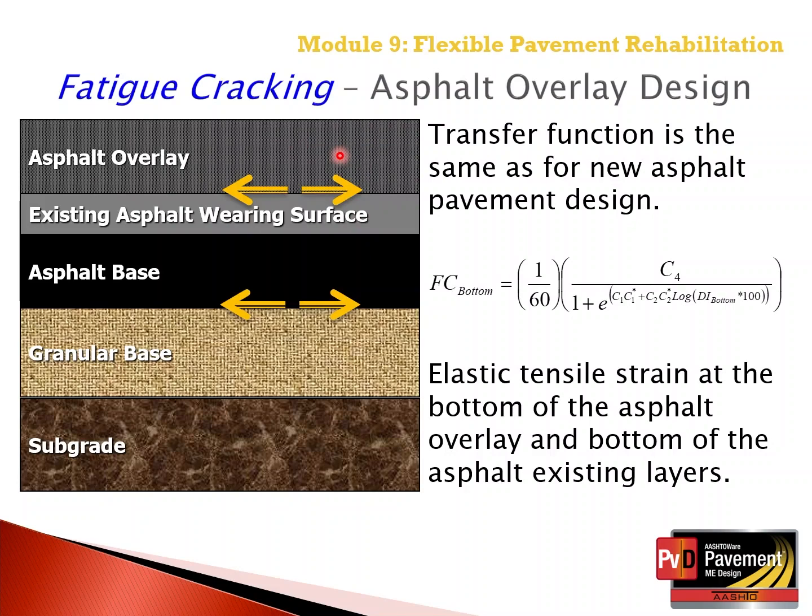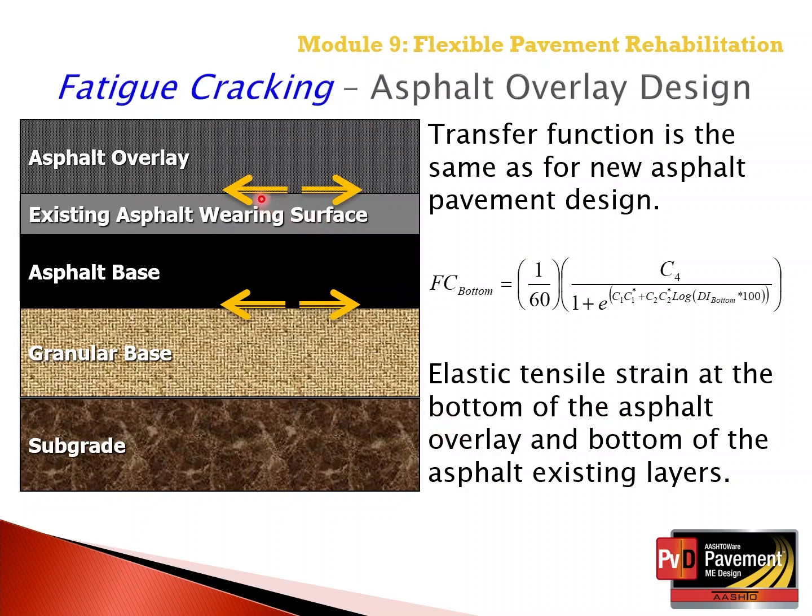So again, how is the existing fatigue damage in the existing asphalt layer considered in the Pavement ME design software for rehabilitation design? Also, the key or critical pavement response is the elastic tensile strain at the bottom of the new asphalt overlay and the bottom of the existing asphalt layers.